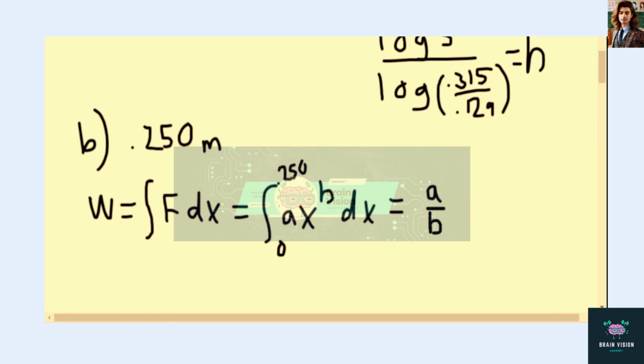A over B x to the b plus 1 power. Now I need a b plus 1 down here if I'm going to do that integral.